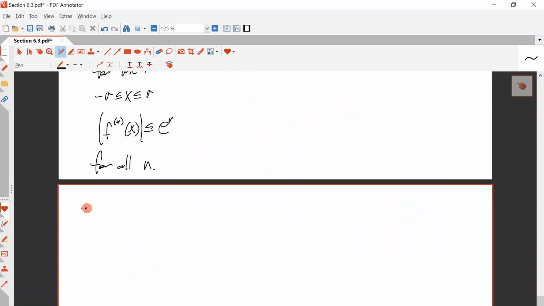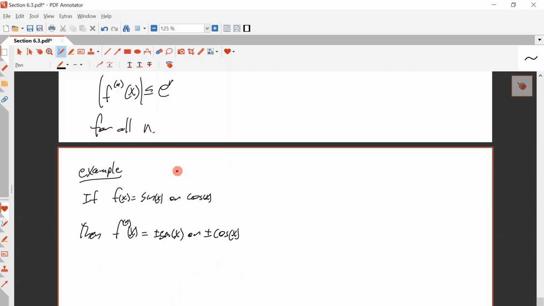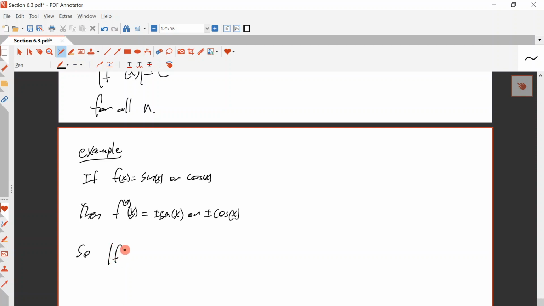The other example. If f of x is equal to sine x or cosine x, then f^(n)(x) is plus or minus sine x or plus or minus cosine x. So what's the upper bound? It's just 1 for all n.